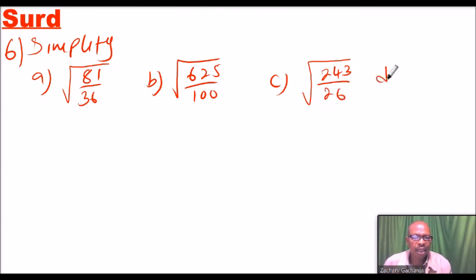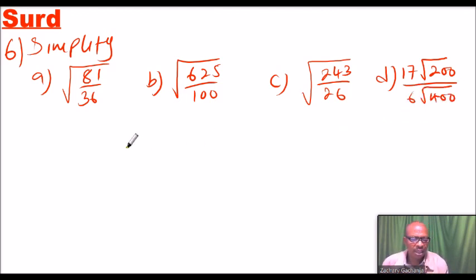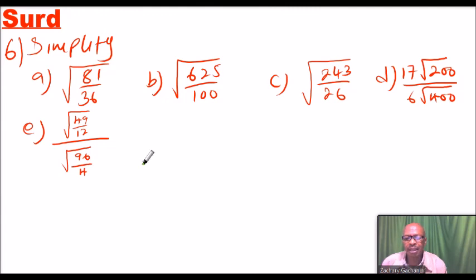We have our D, that is 17 root 200 divided by 6 root 400. E, let's write that properly: 49 divided by 12, and this is divided by root 96 divided by 4, or under the same root sign.